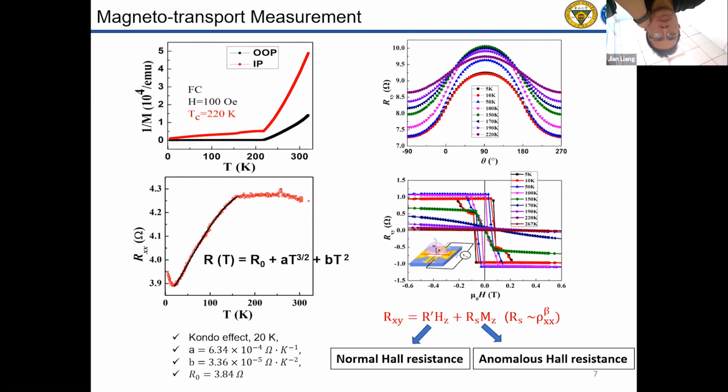We also measured the Rxy with the change of orientation of the magnetic field from the c axis to the ab plane. We found that all the curves are well fit with a sine function.